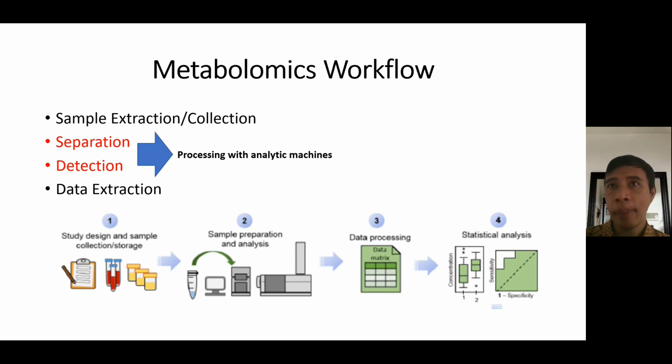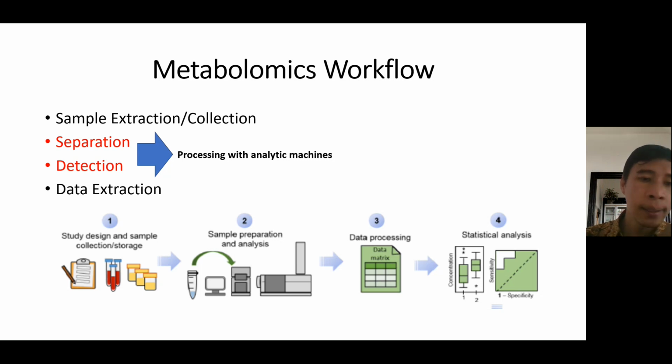And immediately after separating, you can also deploy detection. For separation, you separate by different polarity, different molecular mass and different volatility of the metabolites. After that you need to detect what kind of metabolite it is and how to calculate the molecular mass, and eventually you will get information about the composition and also the identity of the metabolites in your samples.